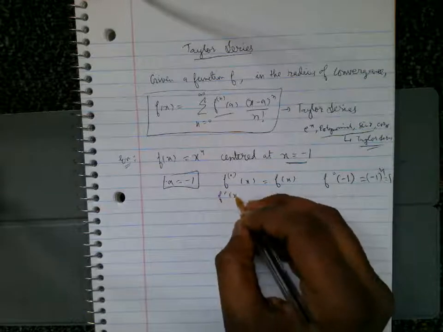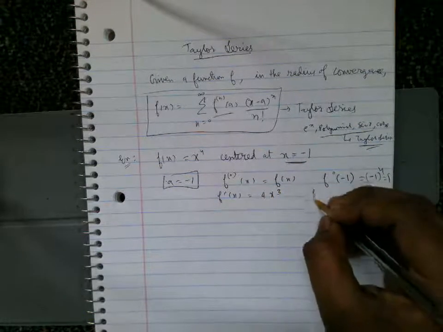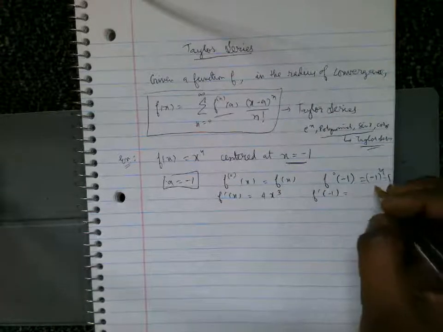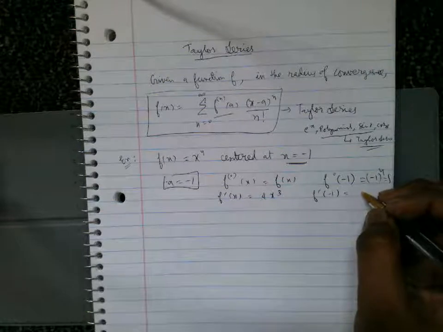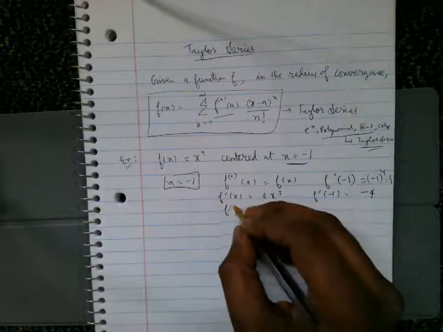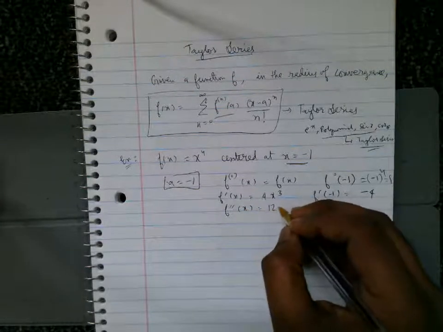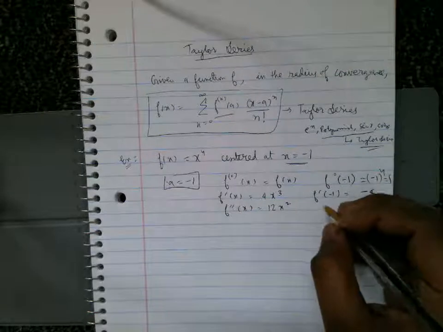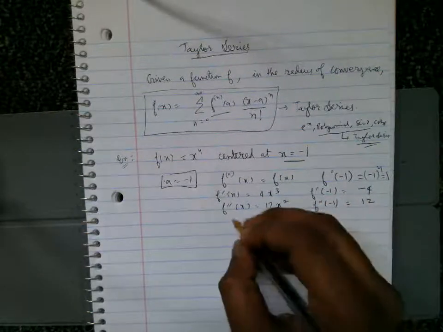F prime of x is 4x cubed. So f prime of minus 1 is minus 4, and f double prime of x is 12x squared, and f double prime of minus 1 is just 12.